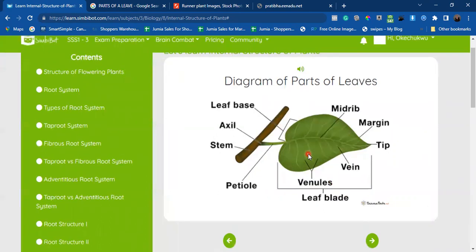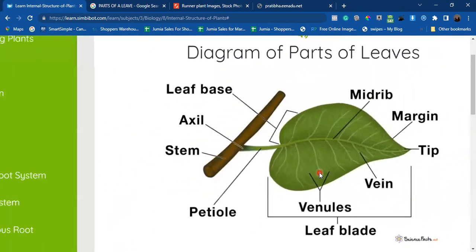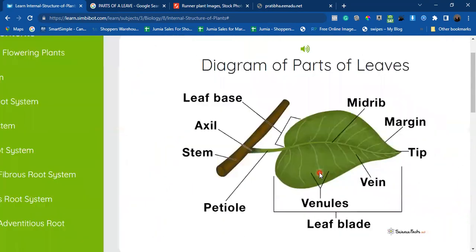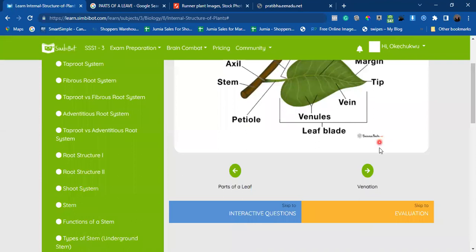Then outside the veins, there are other internal extensions that look like networks of roots. They are called the venules. All right. I don't know if you can see it clearly, but if you can see it, that's fine. So let's move on.